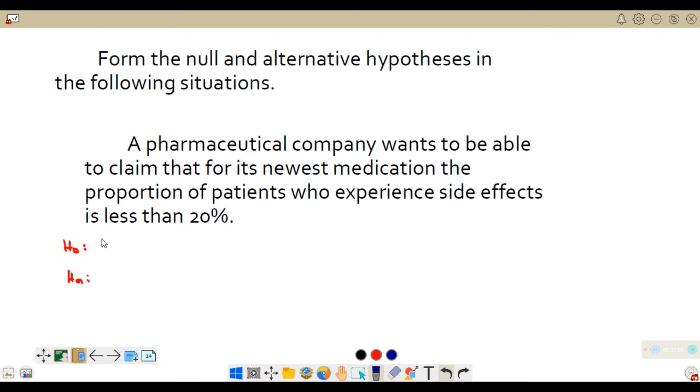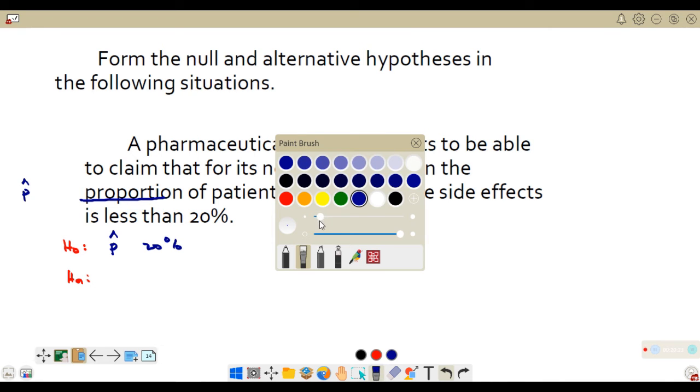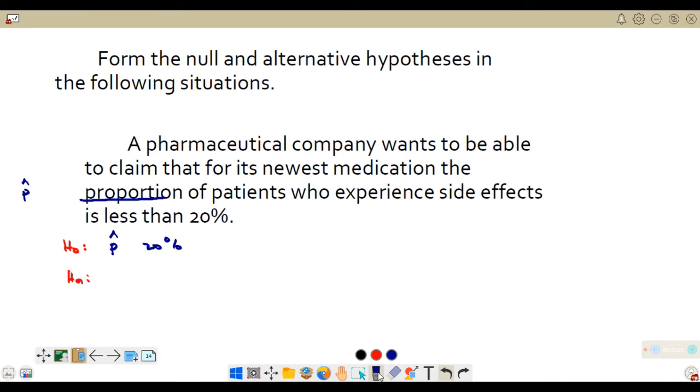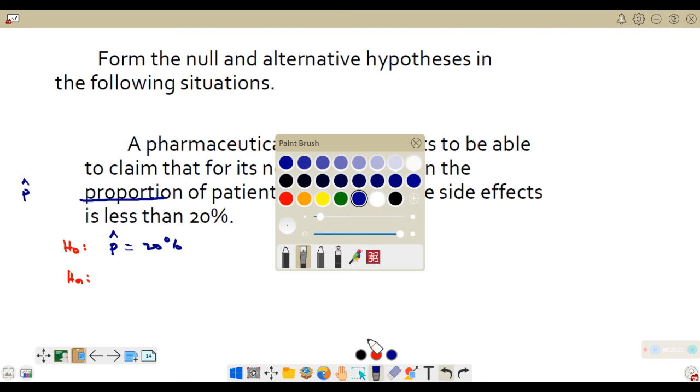Una, through symbol muna. Take note, this is proportion. And as I've mentioned earlier, it is denoted by p hat. So, the proportion is 20%. Ang sinasabi ni null hypothesis, laging no difference or laging equal lang. So, ang clue nyo, kapag nag-formulate kayo ng null hypothesis, ang lagi niyang kiniklaim, equal lang.